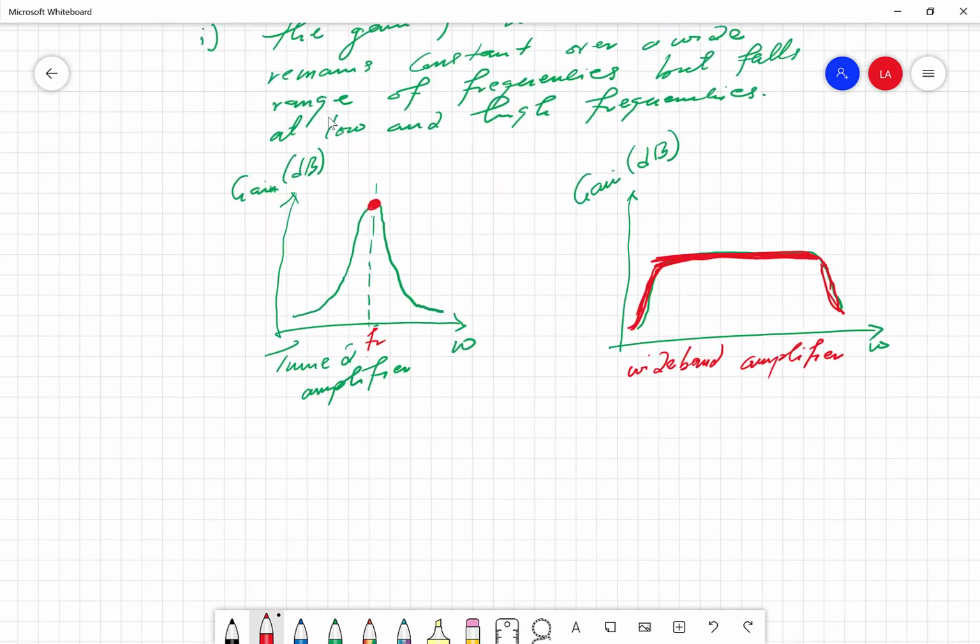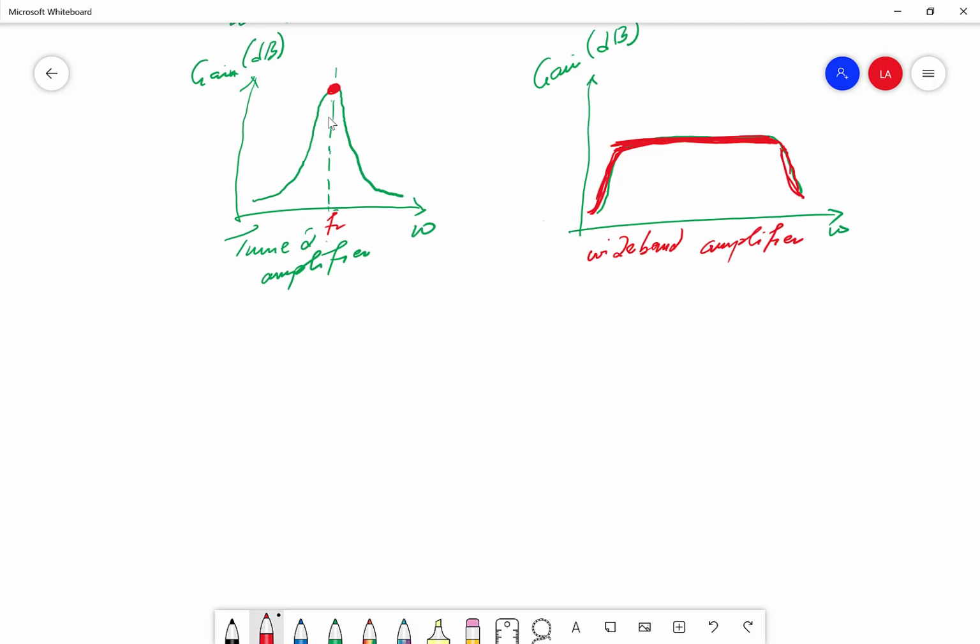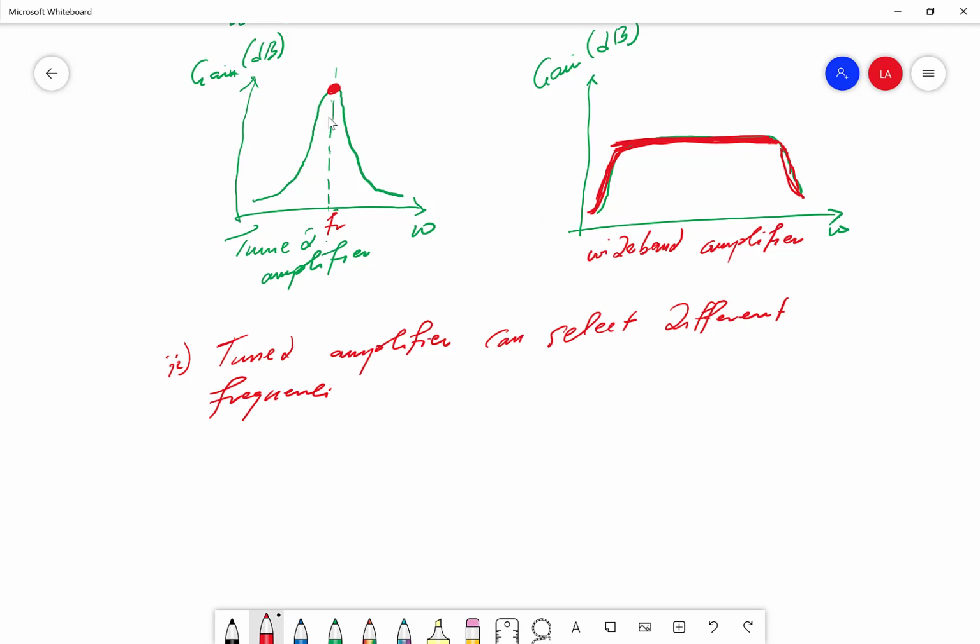A tuned amplifier's advantage over a narrowband amplifier is that the tuned amplifier can select different frequencies as needed. Okay, so that is the answer for that.